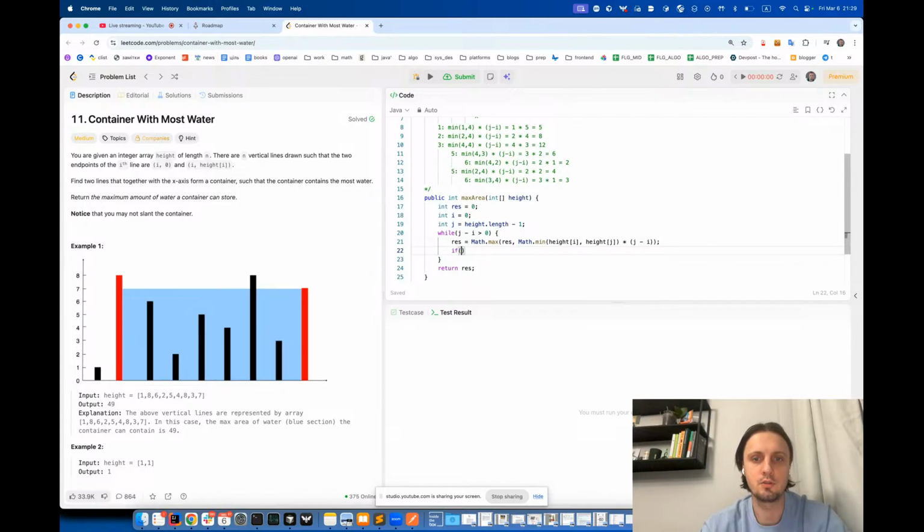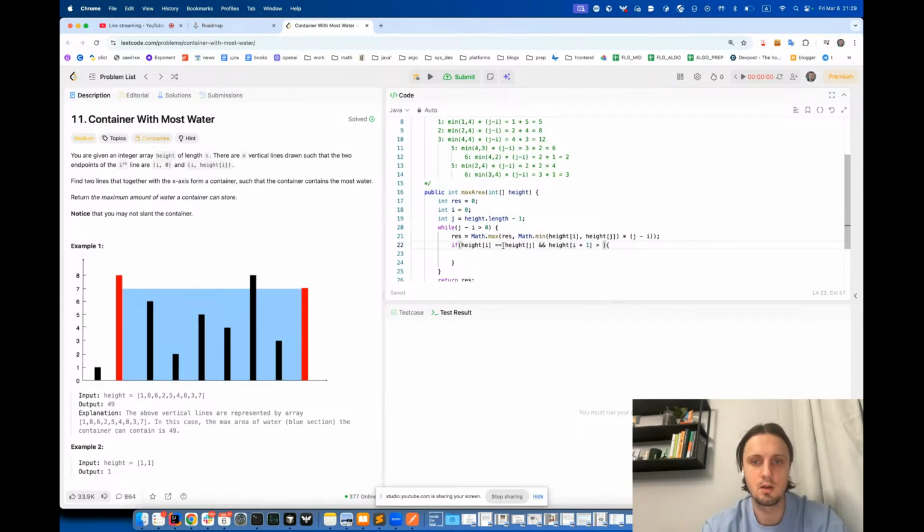Then we should check if height i is equal to height j and height i plus 1 is greater than height j minus 1, then we move our left pointer.